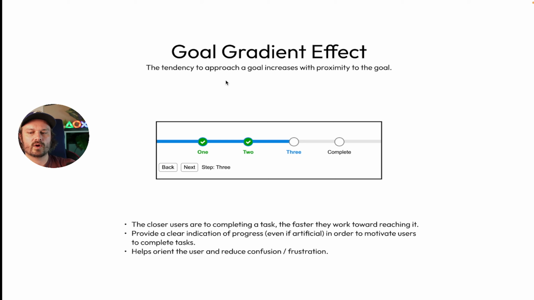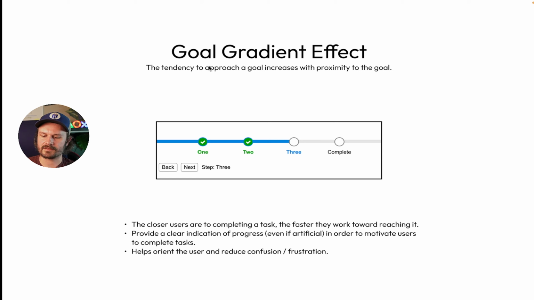I know what happens at each milestone. And so I have a more fleshed out mental map of what the entire process looks like. And so, per the goal gradient effect, my tendency to complete the goal is going to relate to how close I think the goal is, and/or my proximity to the goal.